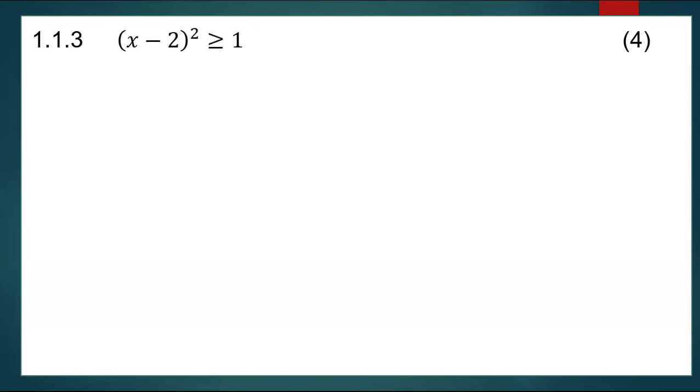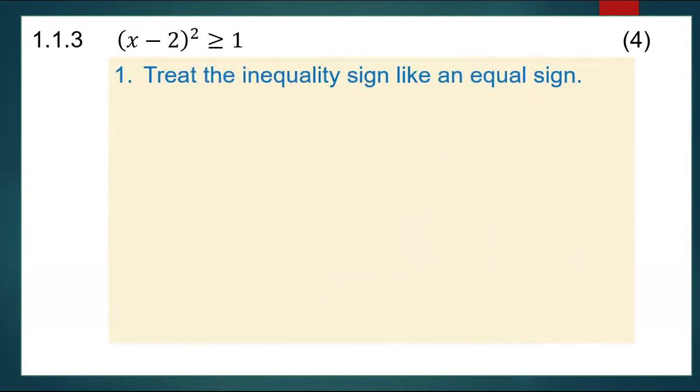You treat it exactly the same way as you will treat a quadratic equation with an equal sign, just like any other equation. Step number 1, treat the inequality sign like an equal sign, meaning that the method doesn't change just because you have the inequality there.